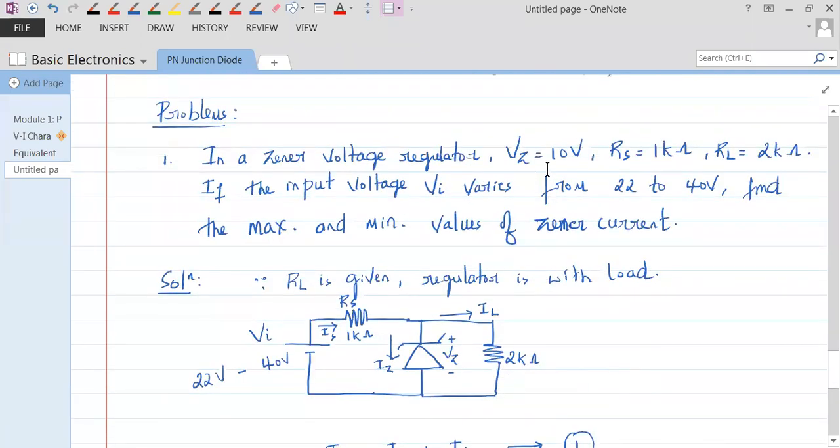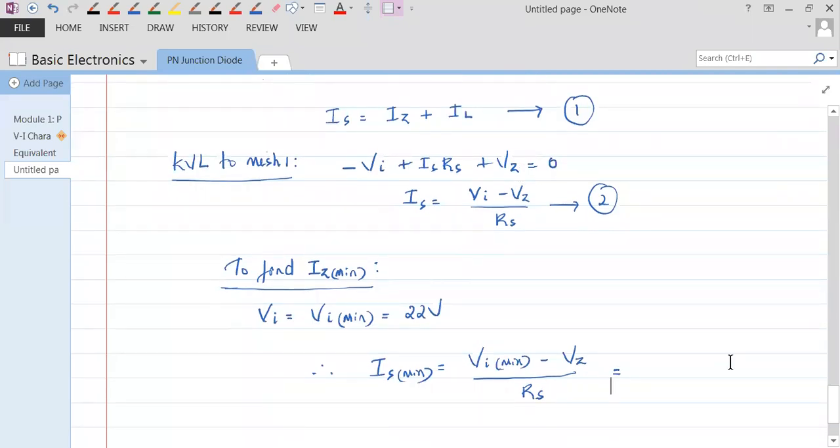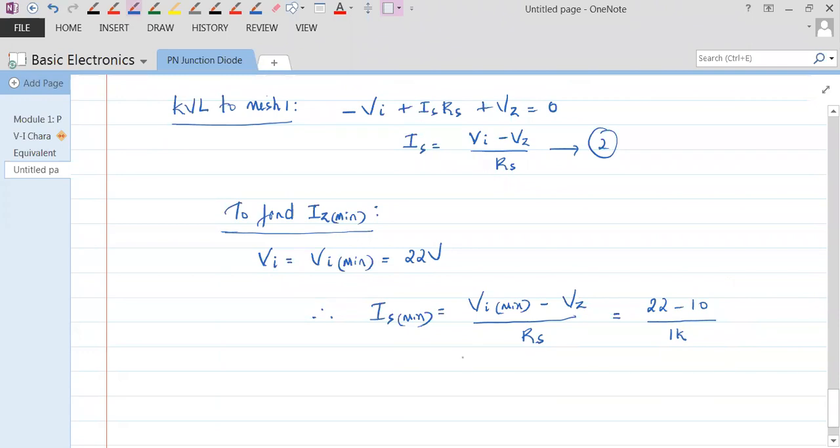So we can do 22 minus 10 divided by RS. RS they have given to be 1 kilo ohm. So IS minimum is obtained: IS minimum is 12 milliamps. This is what we obtained from equation number 2.